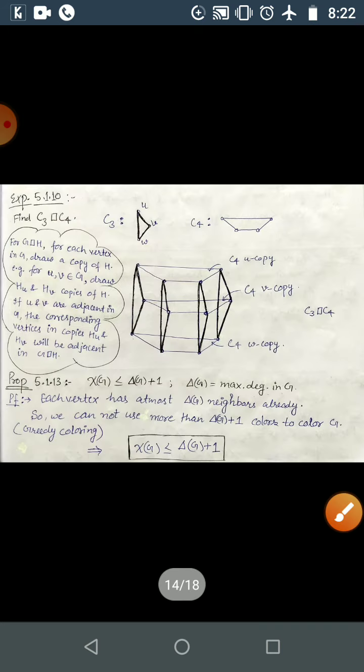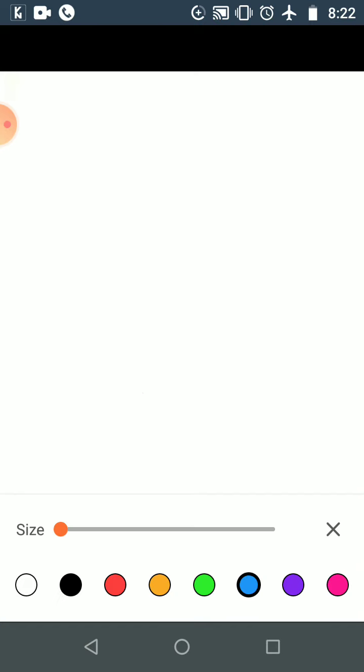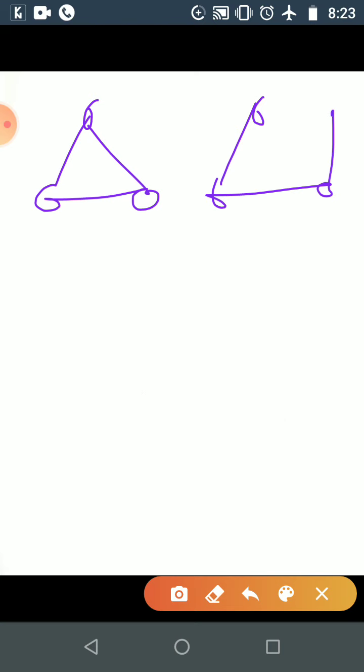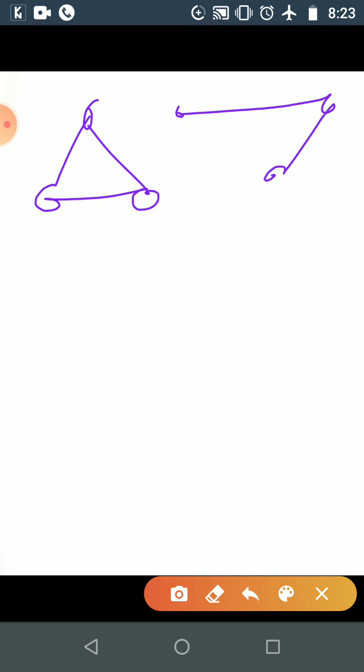So here again you can take C3 Cartesian product with C4, correct. So C3 is this one and C4 is this one. So here I'm just drawing like this. This one is also C4, correct, 4 vertices.